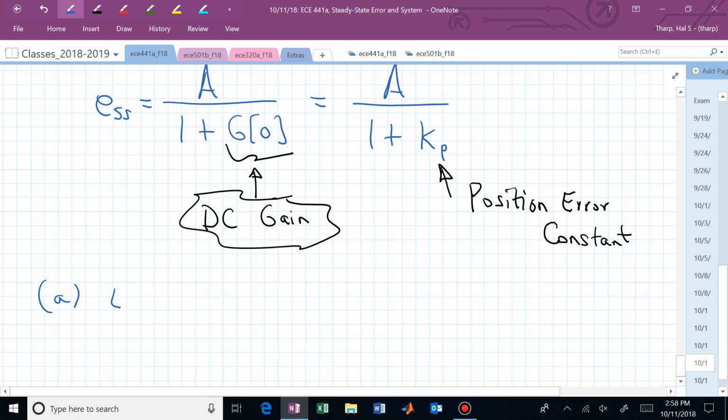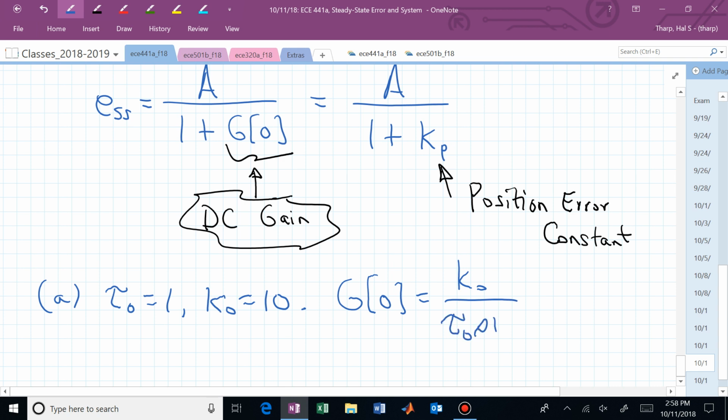So now let's see what that actually equals for this particular case. We have tau sub 0 equal to 1, k sub 0 equal to 10. G of 0 is now going to be k sub 0 over tau sub 0 s plus 1 with s equaling 0, or that now becomes k sub 0, which is 10.